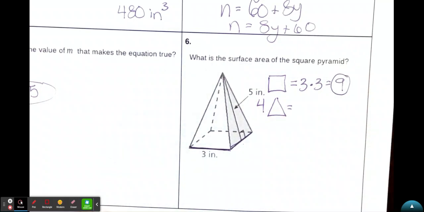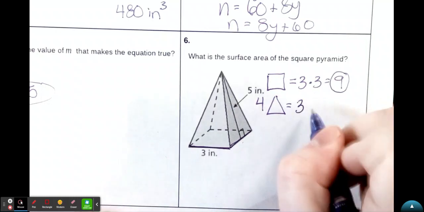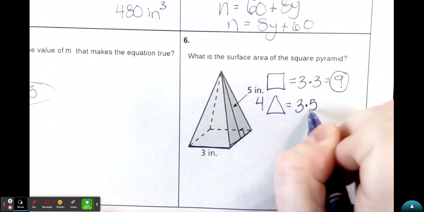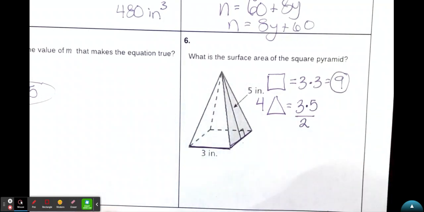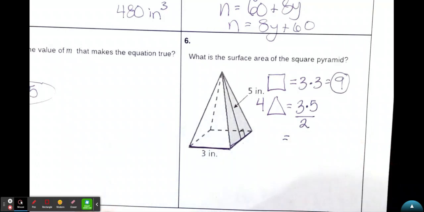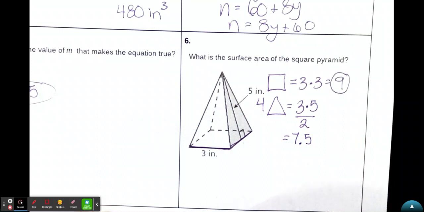The area of the triangles. So how do we find the area of a triangle? Base times height divided by 2. Okay, so what's the base length of the triangles? What's the height of the triangles? Okay, and then we do what with that? Divide it by 2. Okay, and then what do we get when we do that? 7.5. That's the area of one triangle. How many are there? 4.